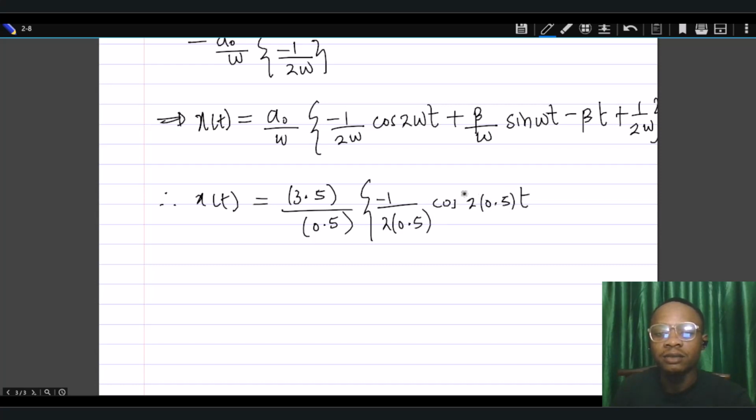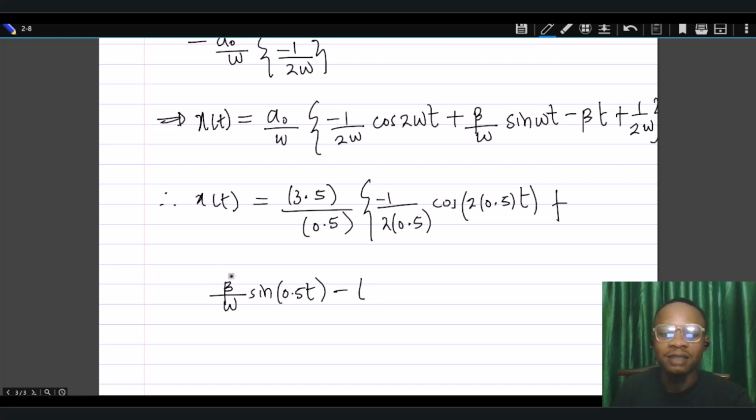All right, so we can do all of this together, then plus, let's write that on the next line, beta over omega, then sine omega t, that is sine 0.5 t, then minus beta t, that's beta into, sorry, beta is 1.5.